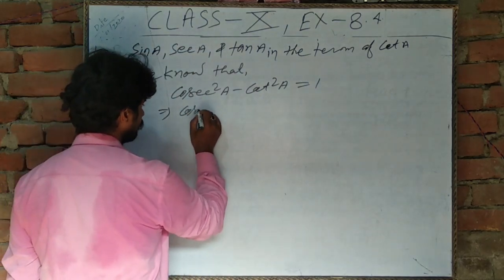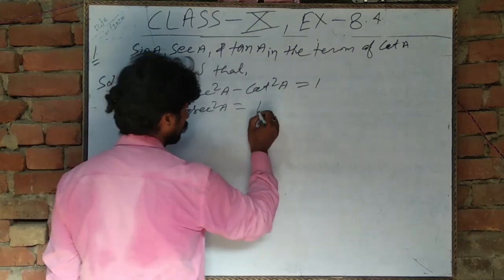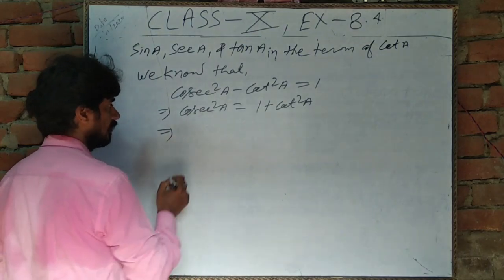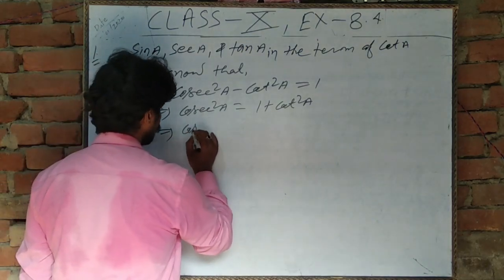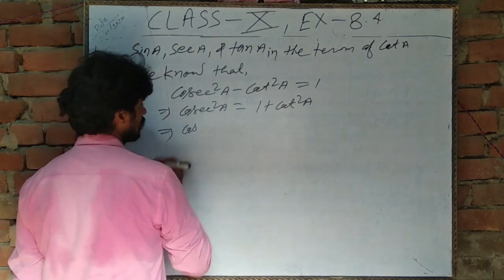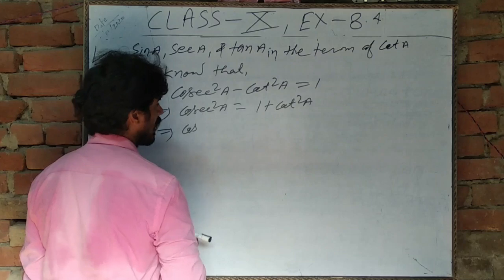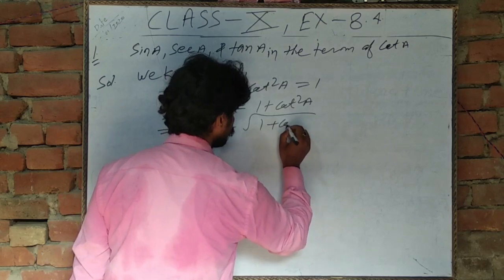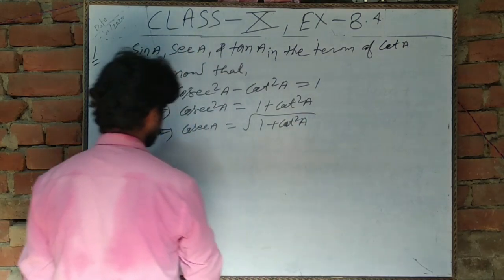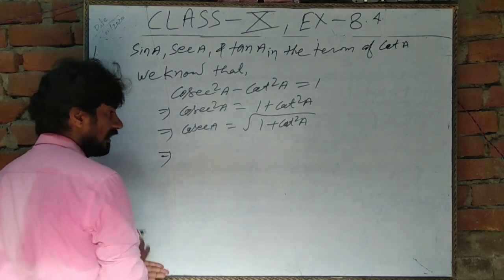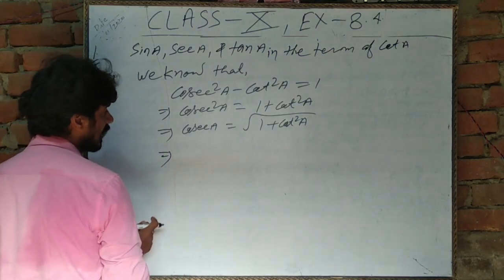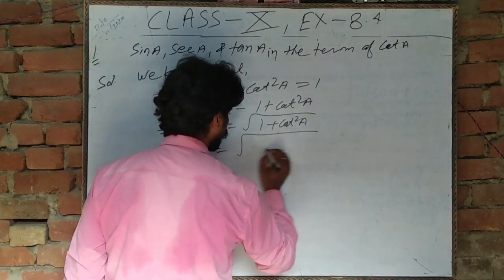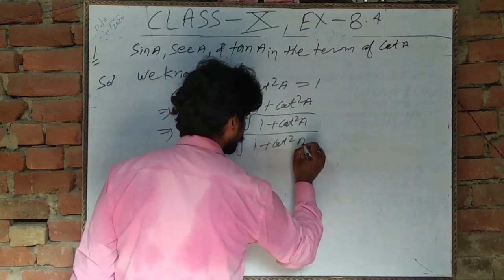That means cosec square A is equal to 1 plus cot square A. When we change the side of the square, it becomes a square root. So cosec A equals under root 1 plus cot square A. Also, cosec is the multiplicative inverse of sine. So 1 by sin A equals under root 1 plus cot square A.